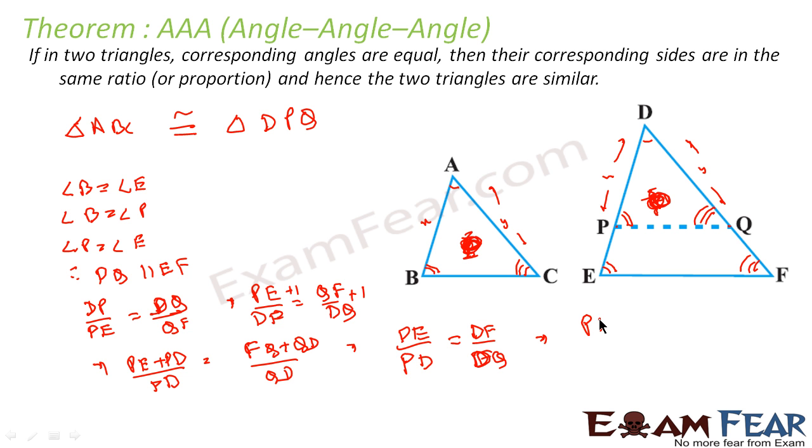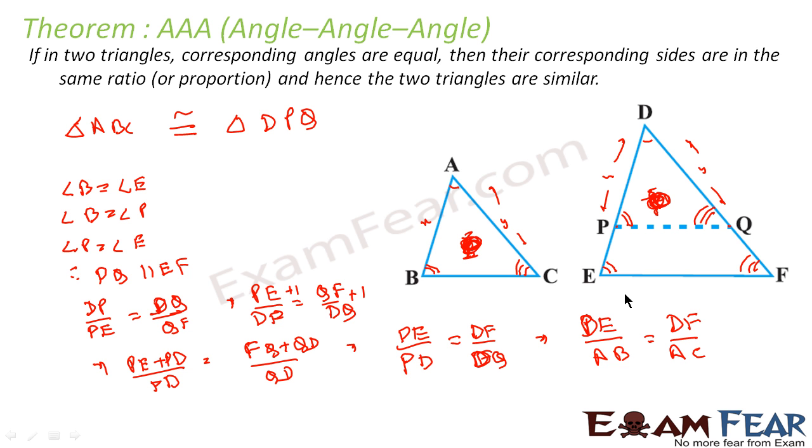This becomes DE by, instead of PD, I will say AB, is equal to DF by, instead of DQ, I will say AC.